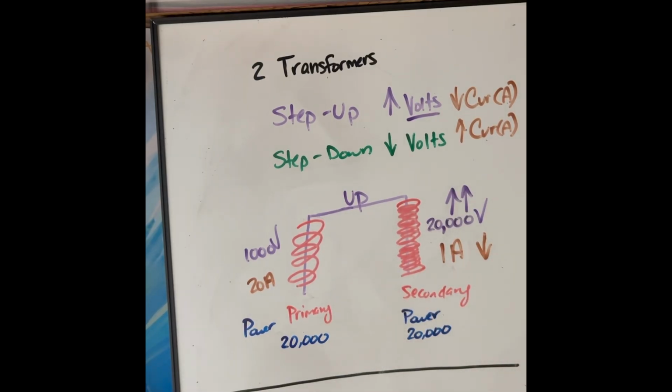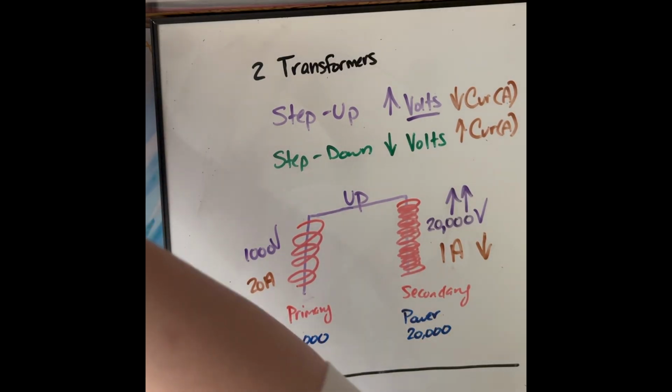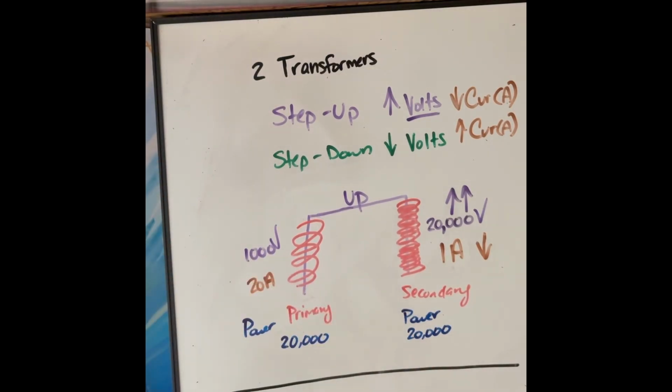When we're talking about step up and step down, what's the first thing we are referencing? The voltage. Secondary to that, whatever we do to the voltage, the opposite would then happen to our current. Now, I know I went over this in class, but in some of the classes I didn't get to spend as much time as I wanted with it, so I wanted to break that down. This is an example of a step up transformer.